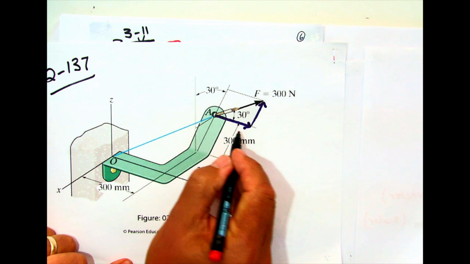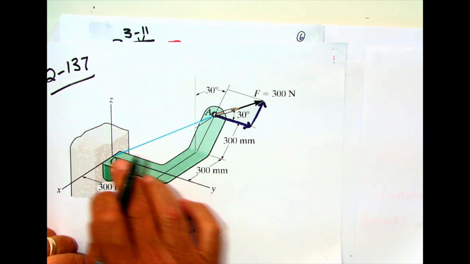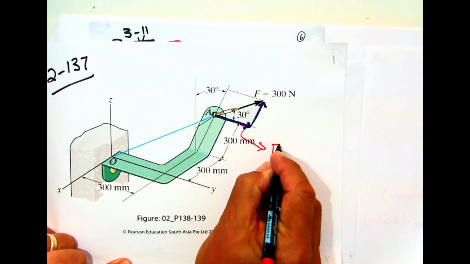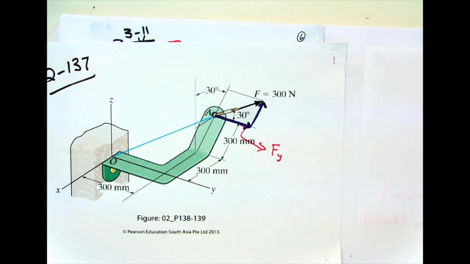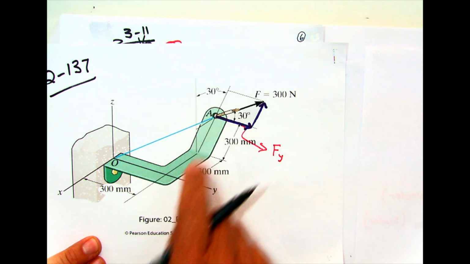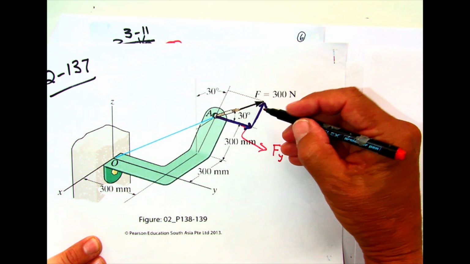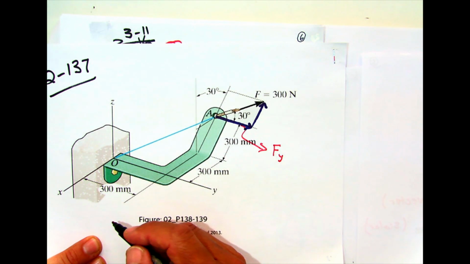This component here is in the y direction. So this component here is the y component of the force. Makes sense. It's parallel to the y direction. Now what about that one there? It's not parallel to the z-axis and it's not parallel to the x-axis.